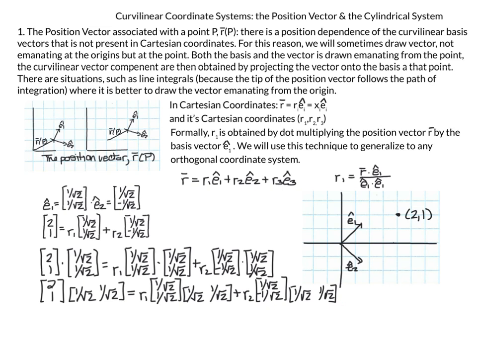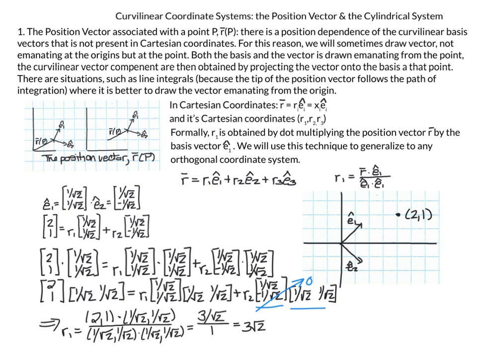So what you can see here is that when we have E2 dotted with E1, when you do the multiplication, this will go to 0. And that will leave us with r1 equal to this dot product, (2, 1) dotted with (1/√2, 1/√2), over these two dotted together, which is just the magnitude of E1.